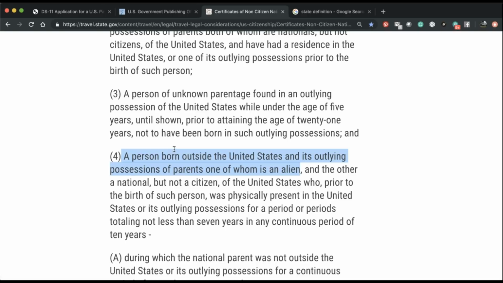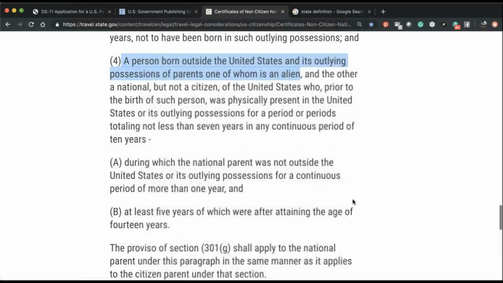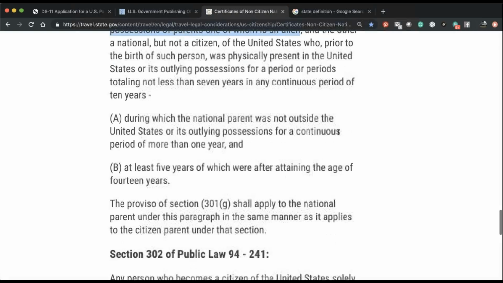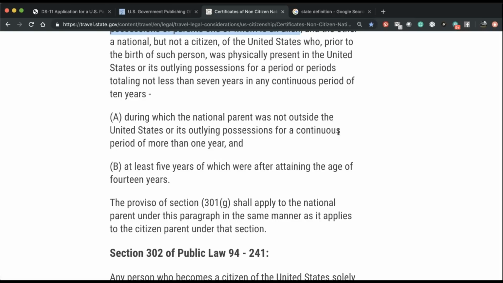So if you were born in, let's say, New York, you were born outside of the United States, and your parents were alien to the United States. They just didn't know it. And the other national but not citizen of the United States prior to the birth of such person was physically present in the United States or its outlying possessions for a period or periods totaling not less than 7 years in any continuous period of 10 years, during which the national parent was not outside the United States or its outlying possessions for a continuous period of more than 1 year, and at least 5 years of which were after attaining the age of 14 years.